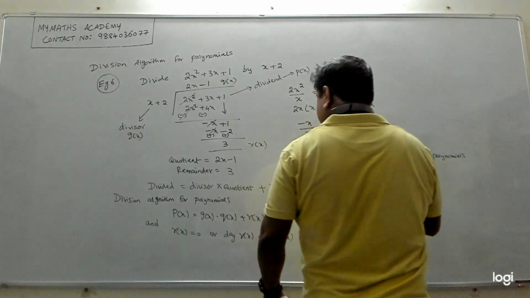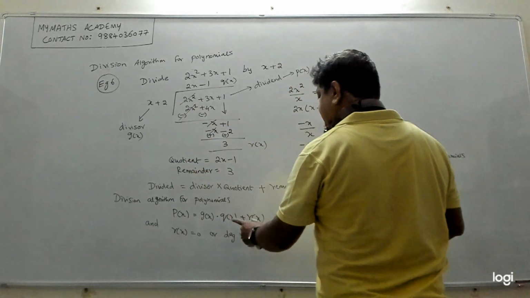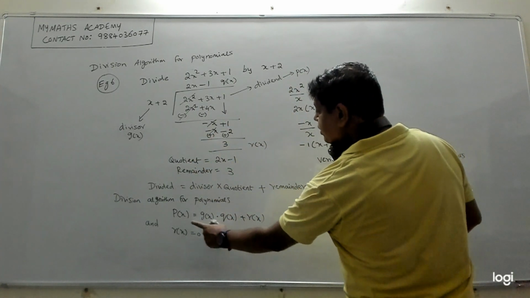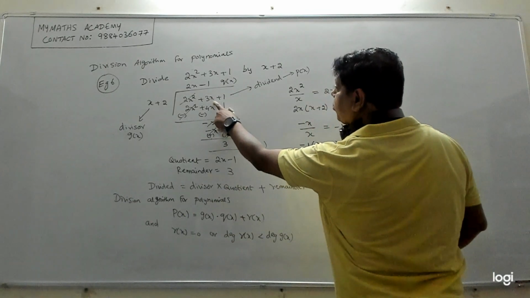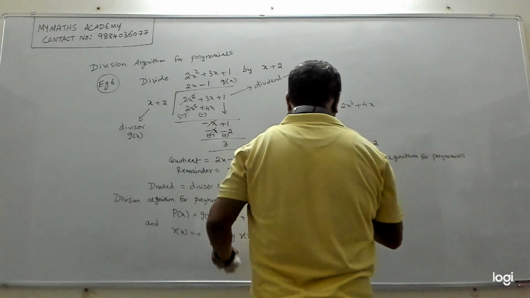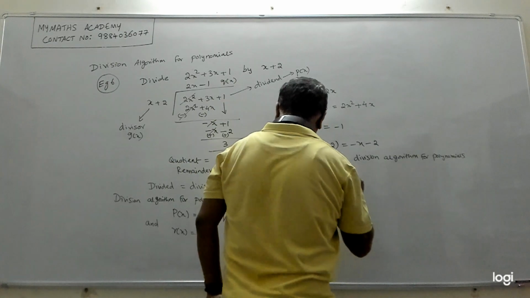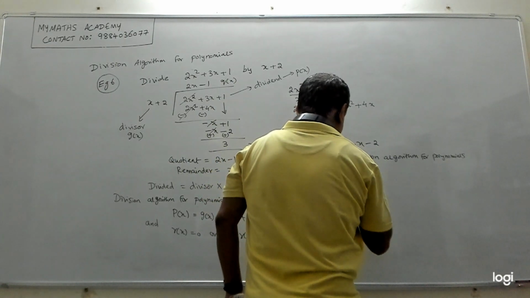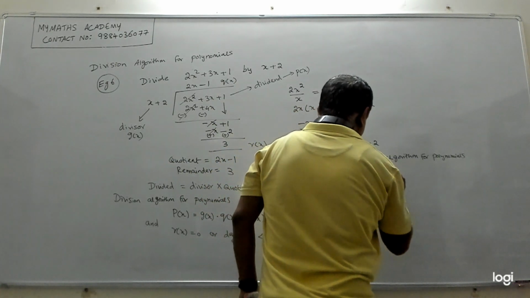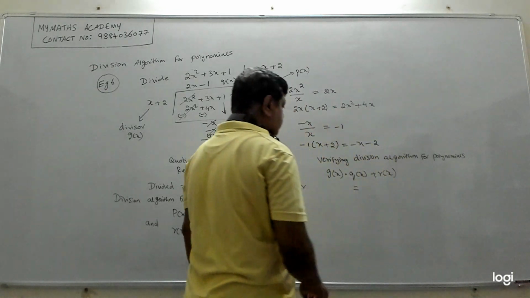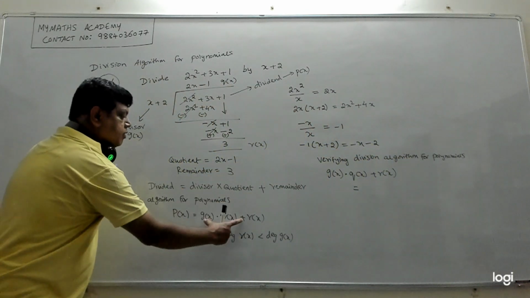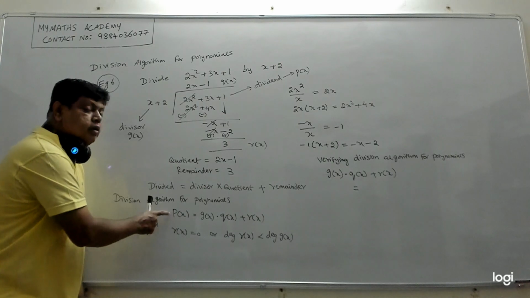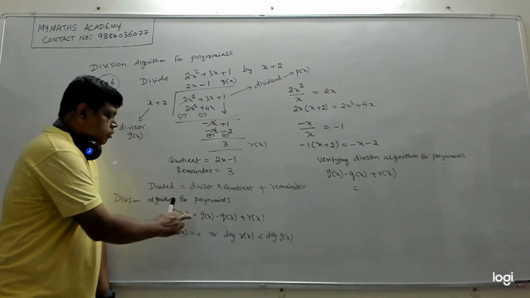For this problem, let's verify. If I do this, I should get back my p of x, which is this polynomial. So let's do g of x into q of x plus r of x. We are going to find the value of this. This should be equal to p of x.